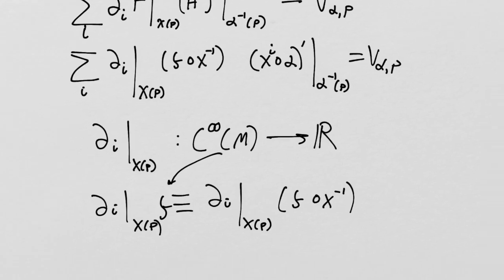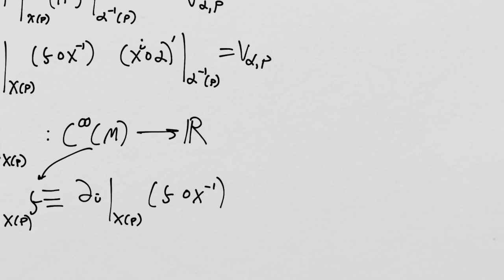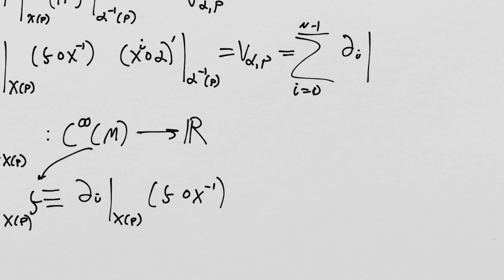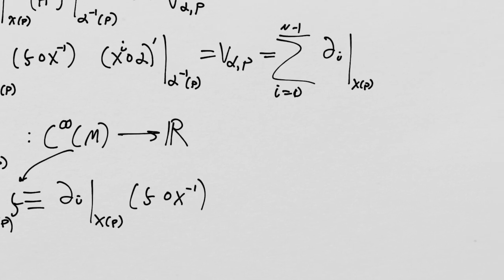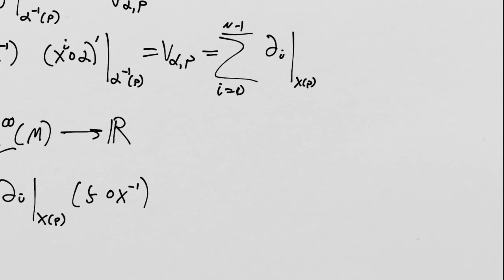So now I can write v alpha of p is equal to the sum from i equals 0 to n minus 1 of partial i, this instruction, evaluated at the coordinates of the point p, operating on this function.